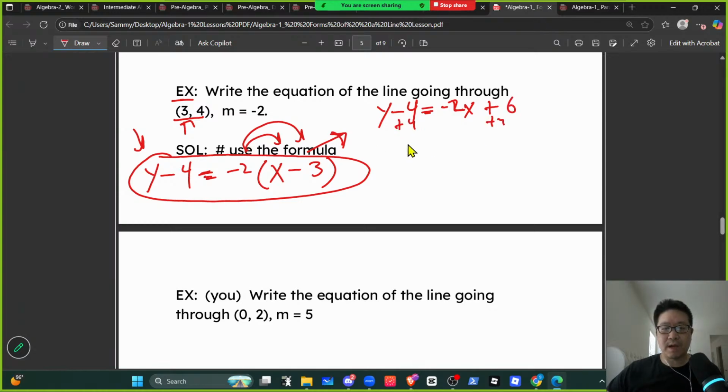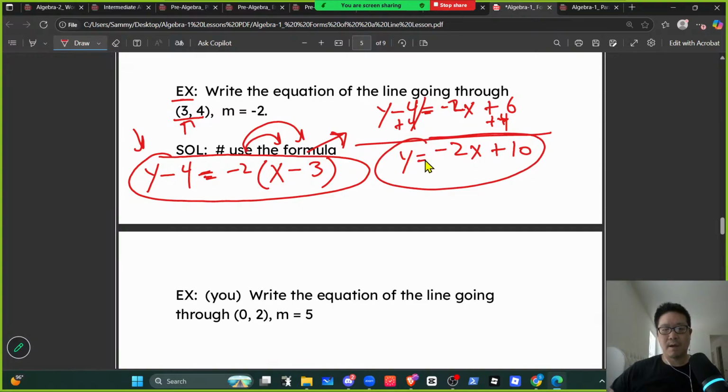Add 4 to both sides. We get y equals negative 2x. Sorry, this is 4. So 6 plus 4 is 10. And that would be our line in slope-intercept form. So this is slope-intercept, and this is point slope form.